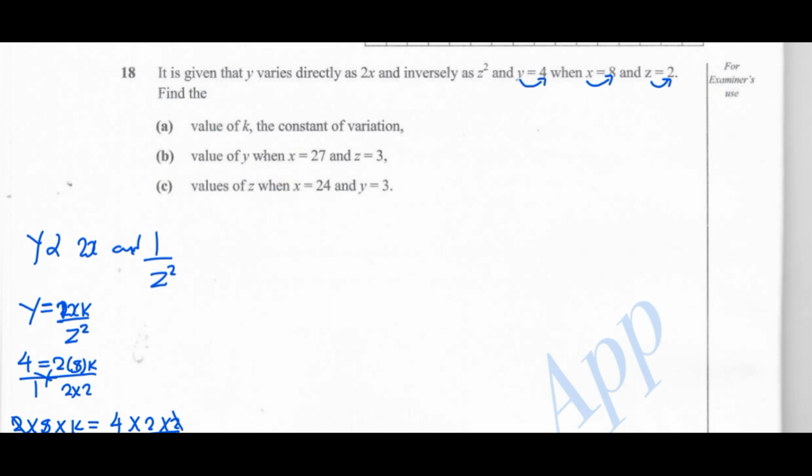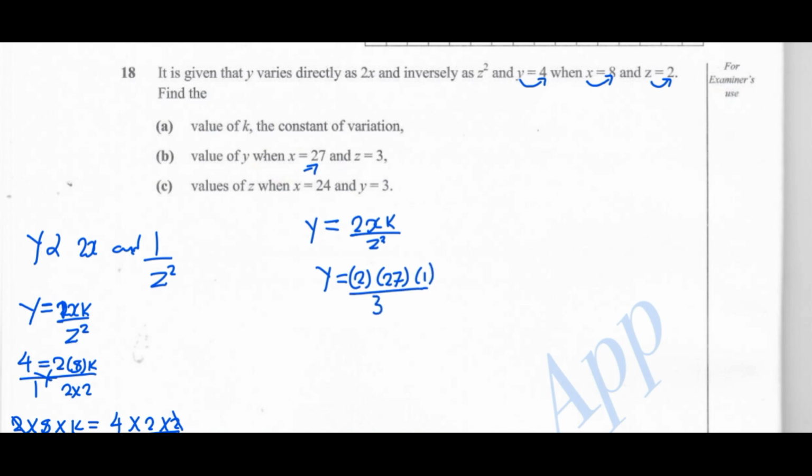Then the value of y when x is equal to 27 and z is equal to 3. So our equation is y is equal to 2xk over z squared. So we are solving for y. What's our x this time? x is 27, our k is 1, and what's our z?